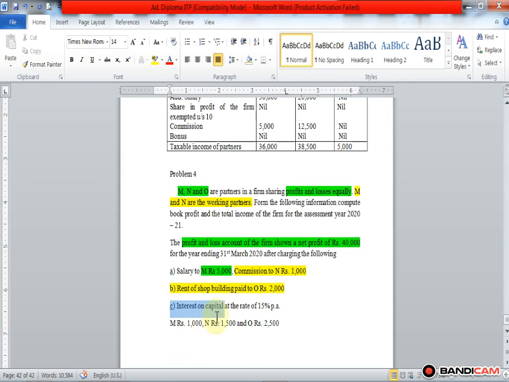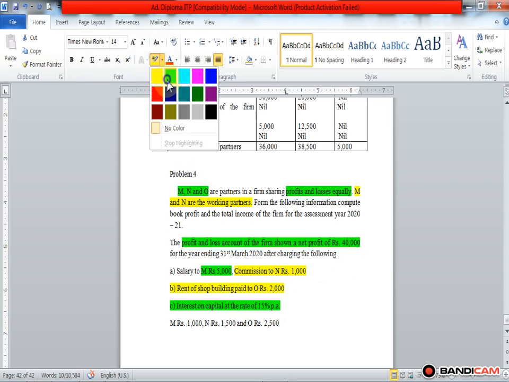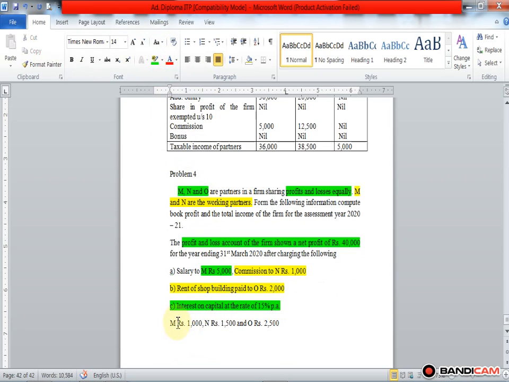Then interest on capital paid at the rate of 15%, that is rupees 1,000 for M, 1,500 for N and 2,500 for O. Rent of shop building paid to O is given for your confusion.